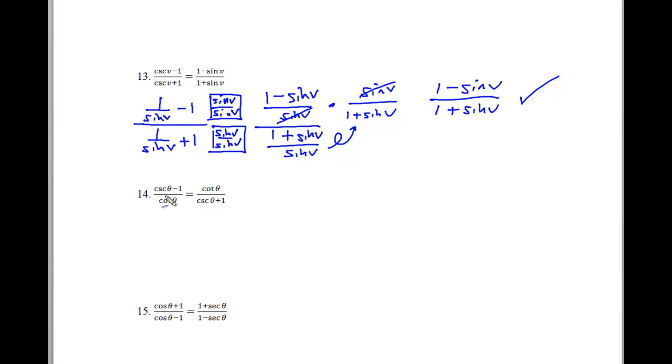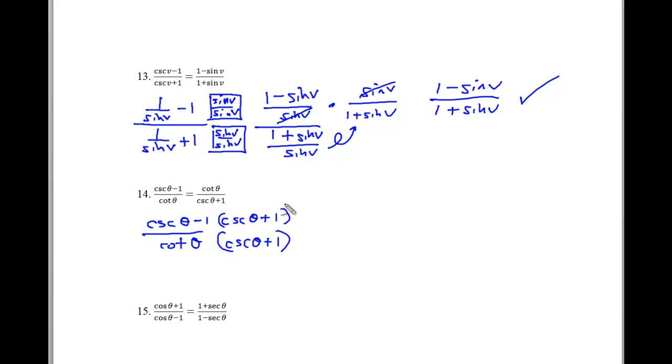Okay, so for problem number 14, again, these look really close here, but maybe I should take my cosecant theta minus 1 in the numerator. I've got a cotangent theta down here. I'm going to multiply top and bottom by cosecant theta plus 1 and cosecant theta plus 1.